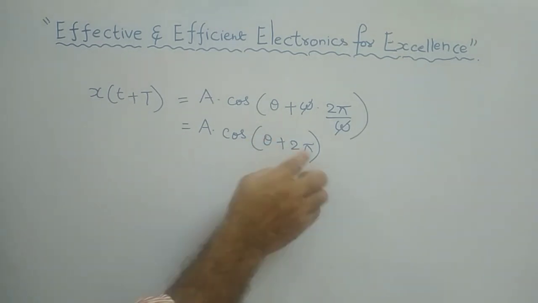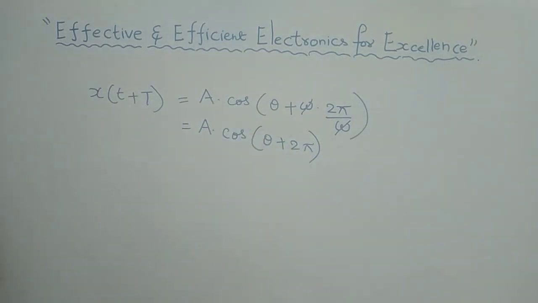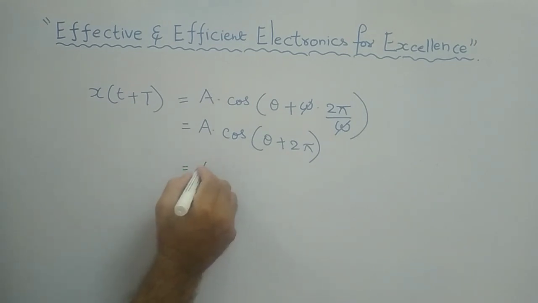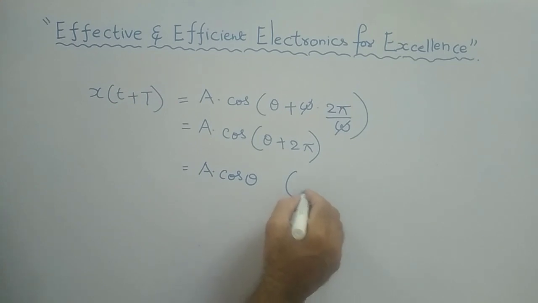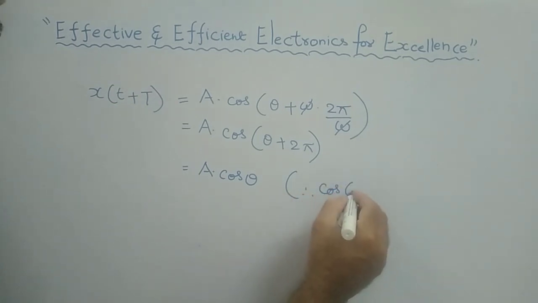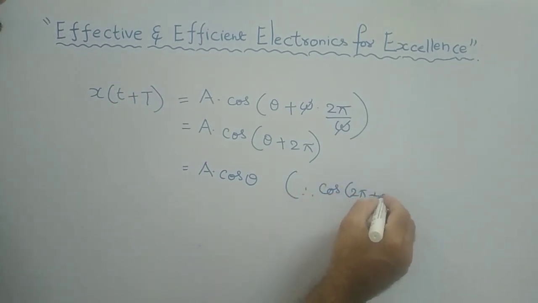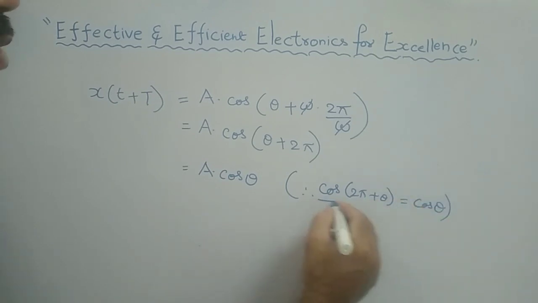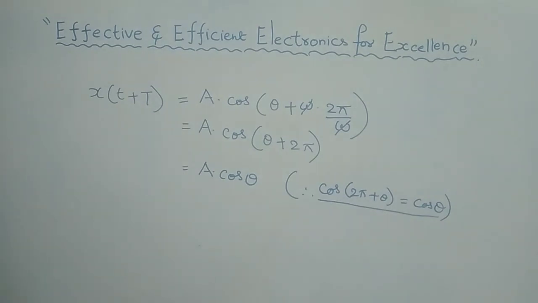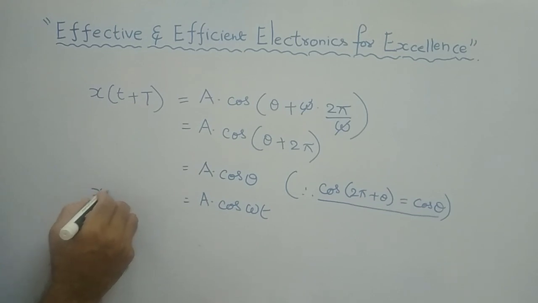Means cos of 360 plus theta, that is cos theta, as per our trigonometric relation. Therefore, it is nothing but a into cos omega t. This is what your x of t plus T is.